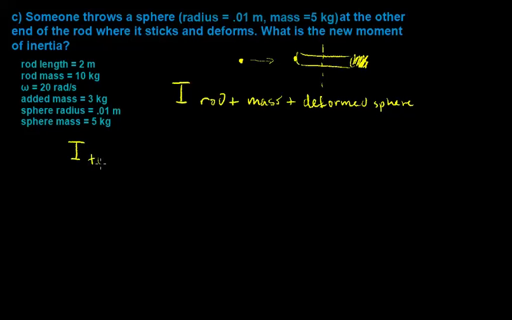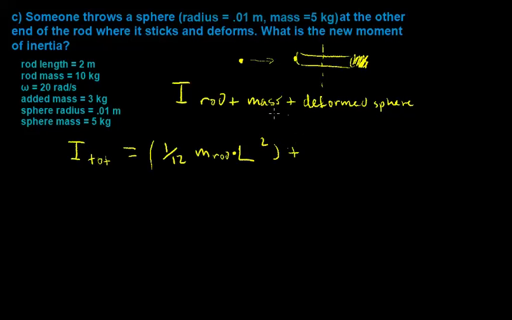So we have this total moment of inertia that we're going to get, and this is going to be equal to the moment of inertia of our rod plus the moment of inertia of our mass on the end plus the moment of inertia of our deformed sphere. We, of course, know that the moment of inertia of our rod is 1/12 times the mass of the rod times the length of the rod squared.